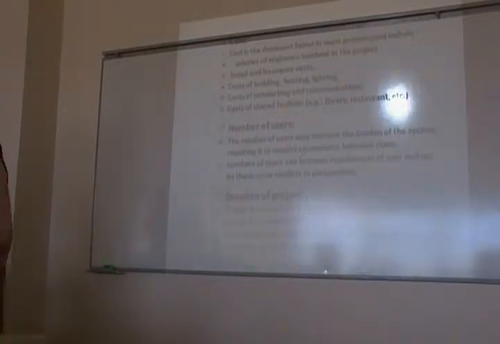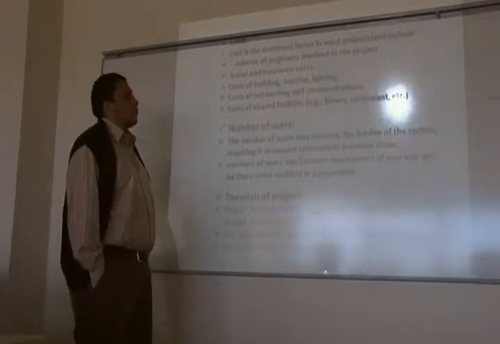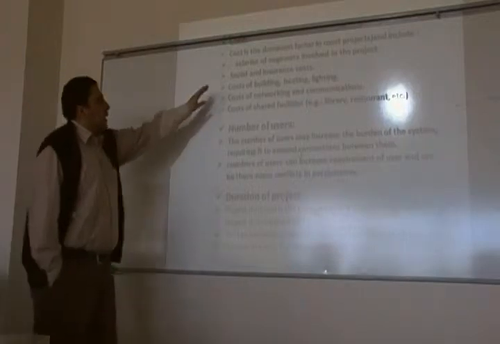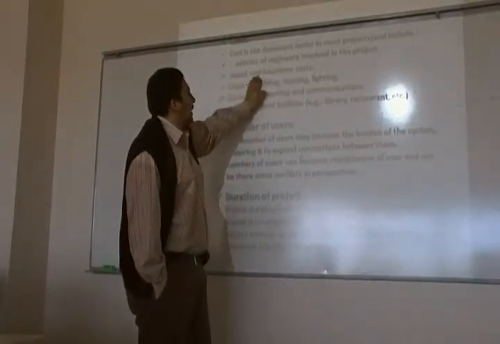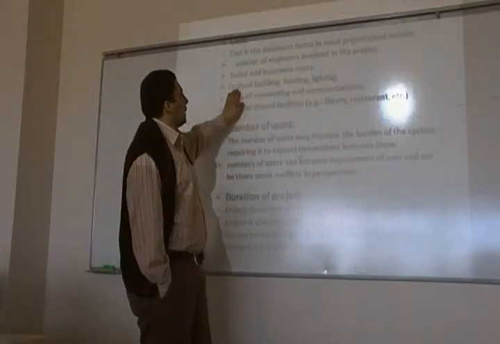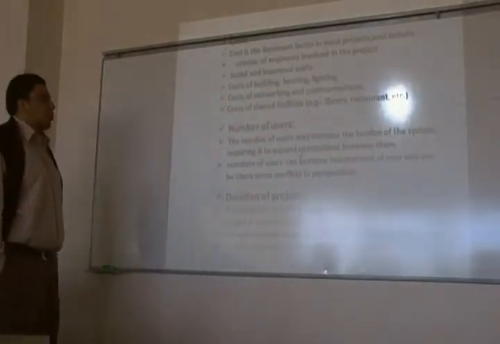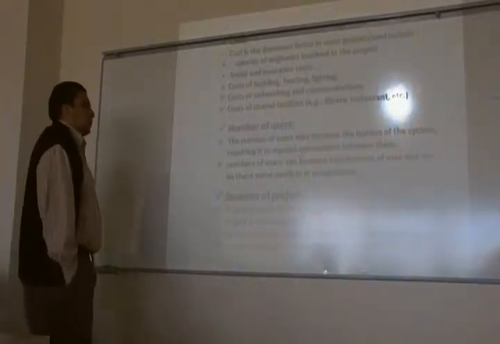Number two, cost. Cost is a dominant factor in most projects and includes the salary of engineers, social and insurance costs, cost of building, heating, lighting, cost of networking and communications, and cost of shared facilities, library, restaurant.